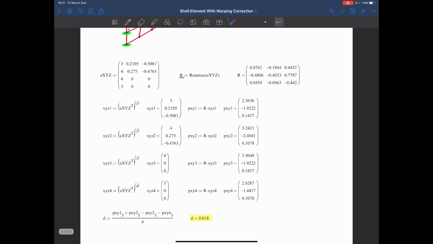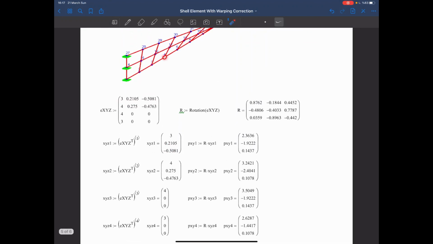This is the coordinates of the first point. The x, y, and z coordinates of the first point, of this point. I'm multiplying it with the rotation matrix and I'm getting its coordinate in the projected plane. So these are the coordinates of point A, coordinates of point B, C, and D. As you see, I also have some z coordinates here.